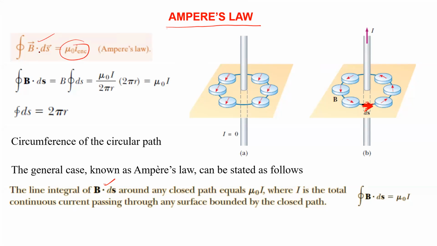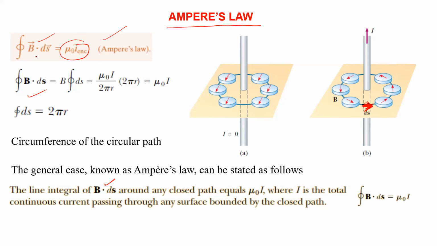For every ds element the direction of the magnetic field is the same as the direction of ds. Similar to E dot ds in Gauss law in electrostatics, this is magnetostatics, and you will study more concepts later. Just remember this formula: B dot ds is equal to mu 0 I enclosed.